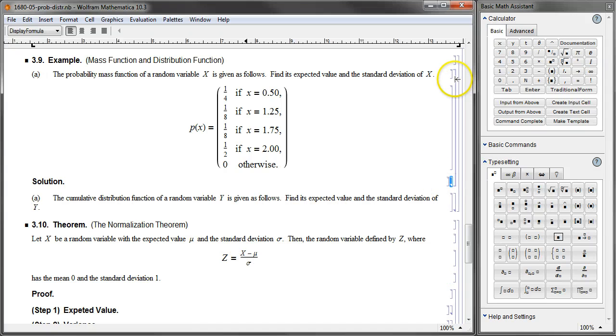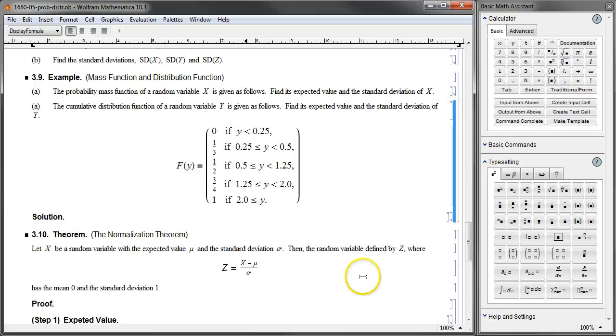What if we have a cumulative distribution function instead? How do we work this one out? Well, what I suggest is to convert it into a mass function. Find the mass function first, and then go from there. How do you find out the mass function? Look at each breaking point, and at each breaking point you have to get the new contribution.